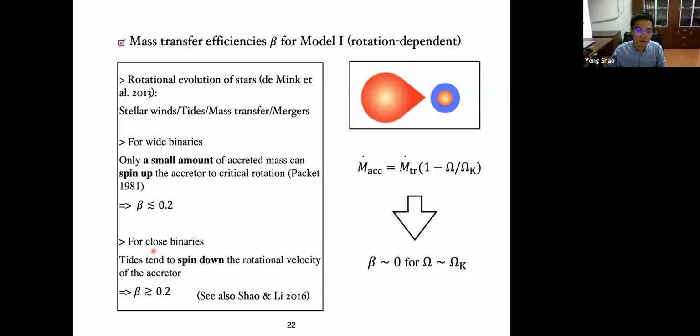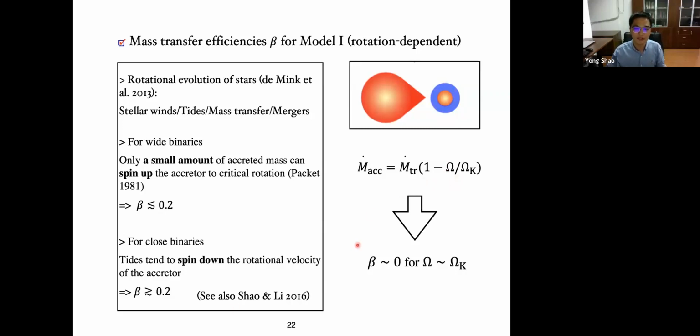While for close binaries, tides are important, and tides tend to spin down the rotational velocity of the accretor. Due to the tidal interaction, it will keep the accretor with a relatively low angular velocity.